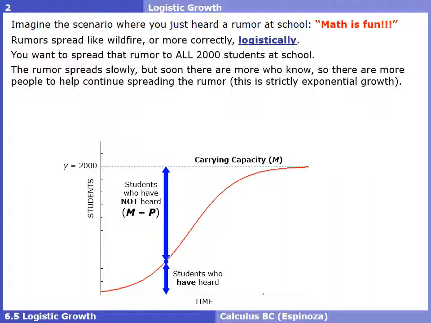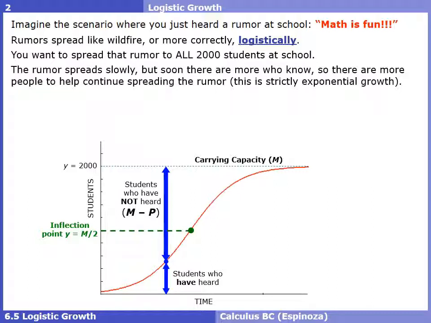I was mentioning something a little bit earlier. This point that we have here is just some random point, but there's a very important point on this graph, and that's right there. There is a point of inflection on these logistic graphs. And you might notice, to the left of this point, our graph is concave up. To the right of this point, our graph is concave down. So that, of course, means there's a point of inflection.